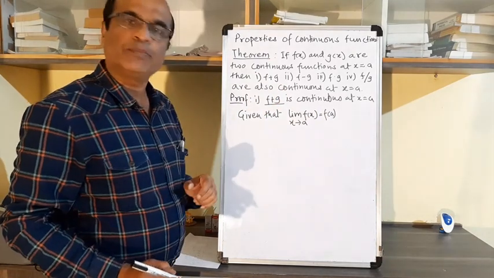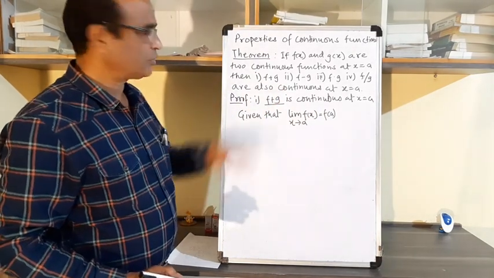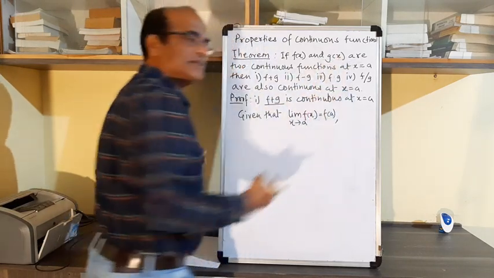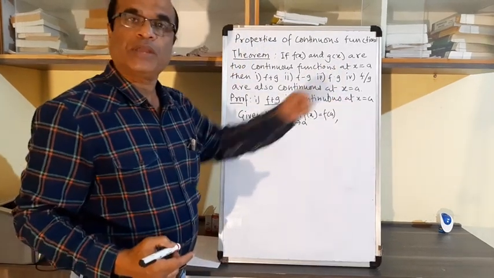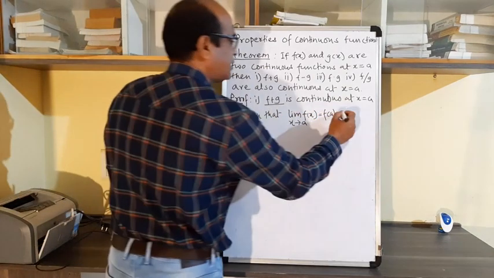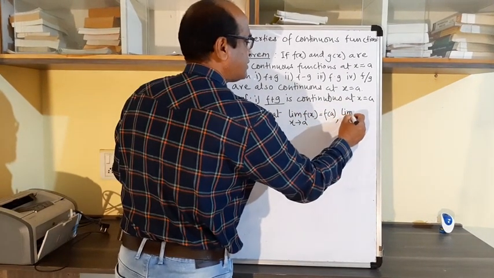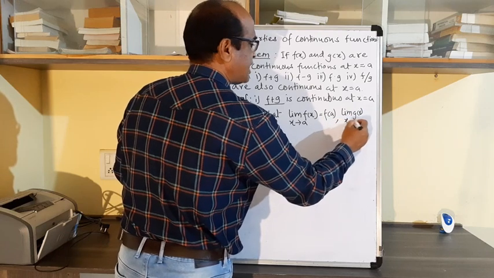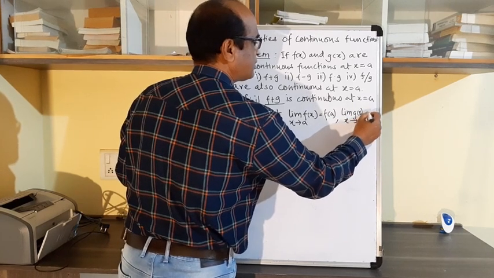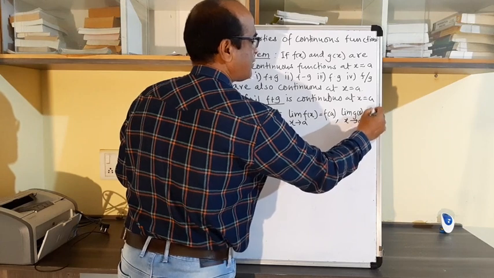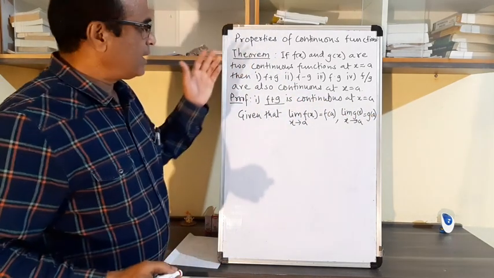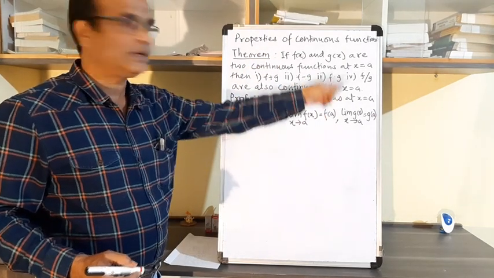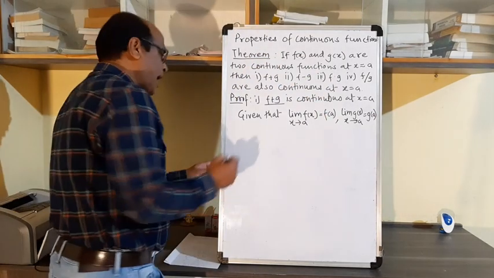So this is simply the definition, notation of a continuous function. Similarly, g(x) is continuous at x is equal to a, then we can write here limit of g(x) as x tends to a is equal to g(a). Okay, so that is given here. f(x) is continuous having limit f(a), g(x) is continuous having limit g(a). So now we prove that.